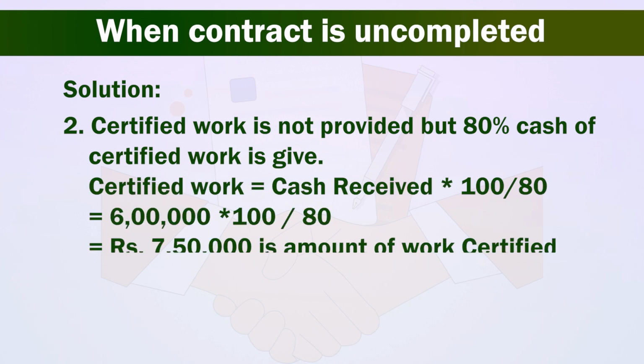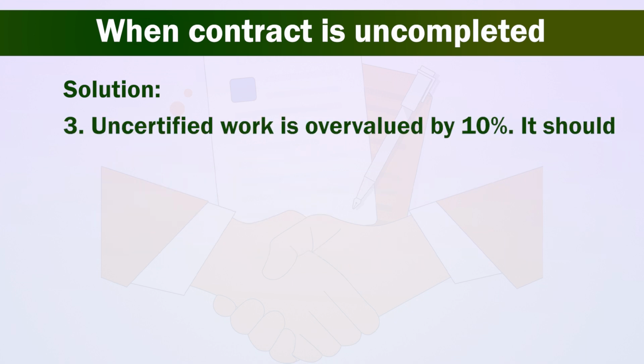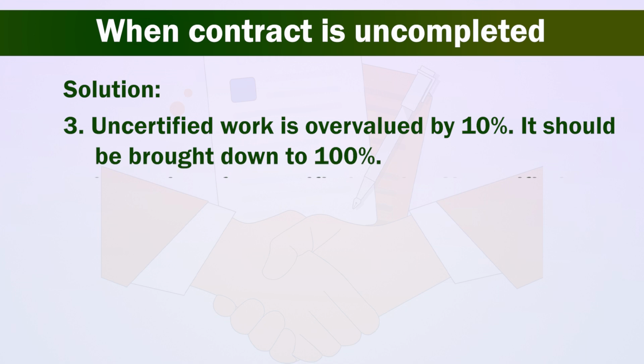Therefore, certified work is equal to cash received into 100 divided by 80, which is equal to rupees 6 lakh into 100 divided by 80, which is equal to rupees 7 lakh 50,000, which is amount of work certified. Uncertified work is overvalued by 10%.